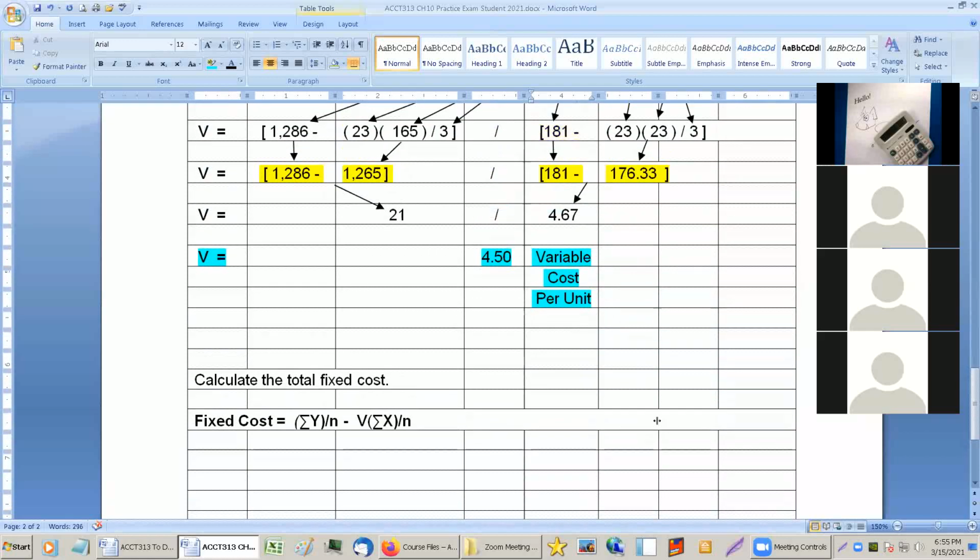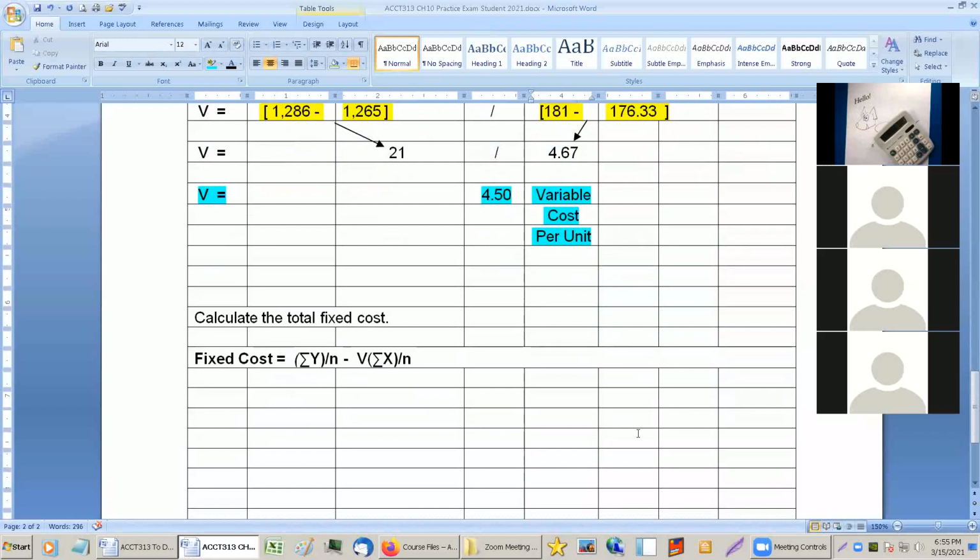Fixed cost is basically what we did for the high-low, and that is just take the total cost. You notice that Y's are the total cost, divided by N is just the average total cost, minus the average variable cost.